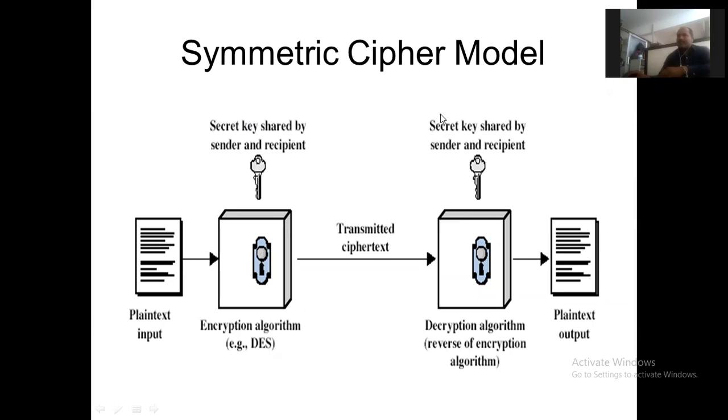This is the main important aspect of the symmetric cipher model. Everywhere you will be asked why it is called a symmetric cipher, so you should know the meaning of a symmetric cipher.